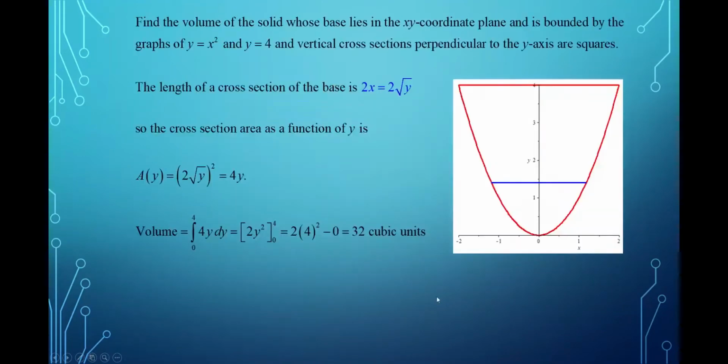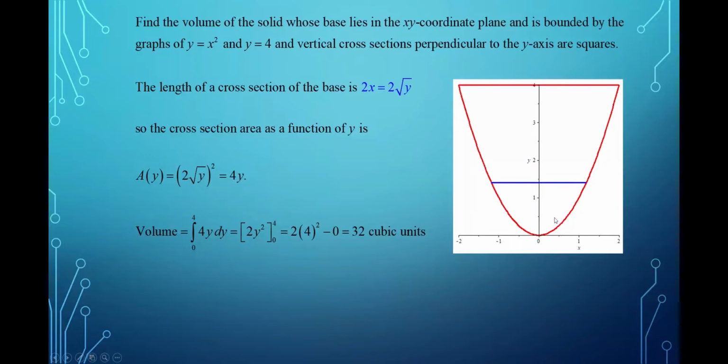So you can calculate the volume of this thing remarkably by coming up with this cross-sectional area function, which, as I said, would be the x value here minus the x value there, literally 2 times the x value here. And then you square that, get 4x squared, or since x squared is y, 4y is the actual area of a cross section of this solid in terms of y.